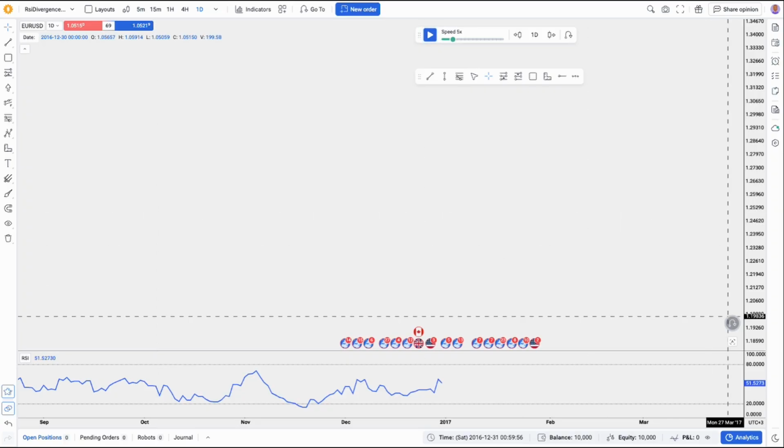The next element that I discussed in the previous video was some of the aspects that tend to result in divergence occurring. These aspects include liquidity, changing participation within the market, volatility, imbalances, and shifting positioning between buyers and sellers.